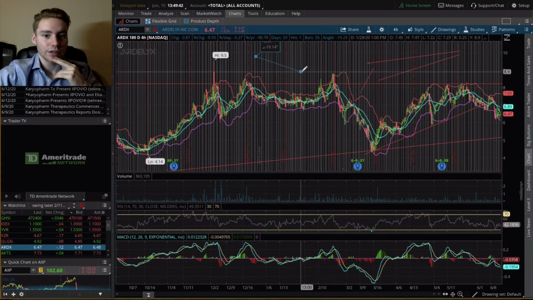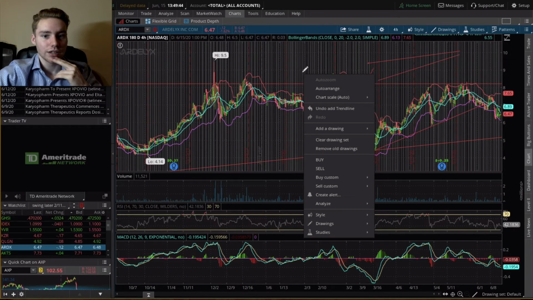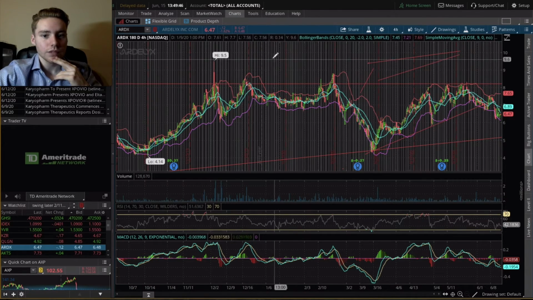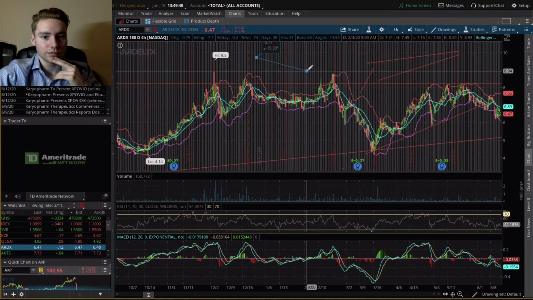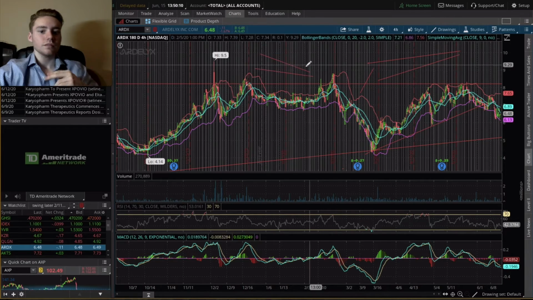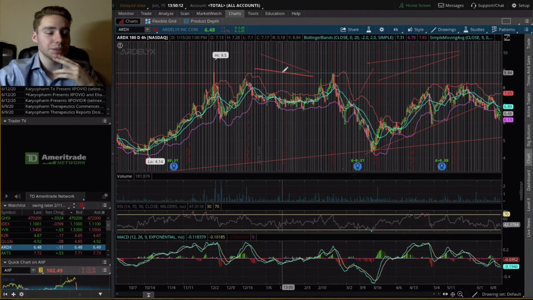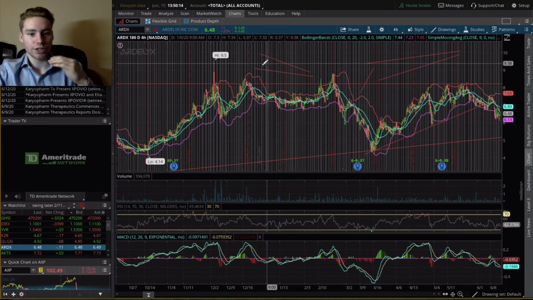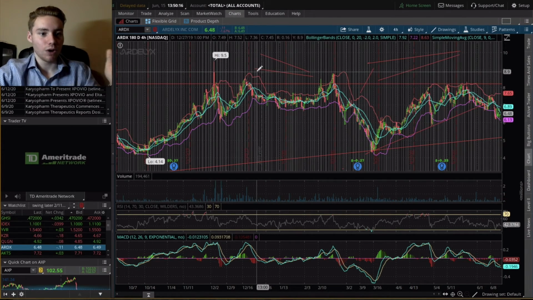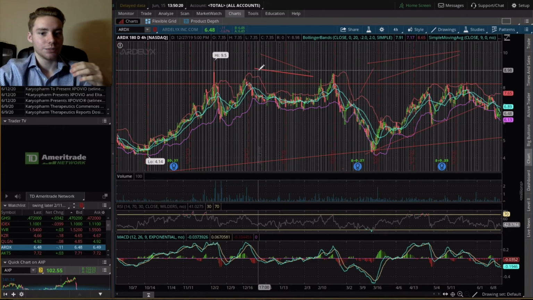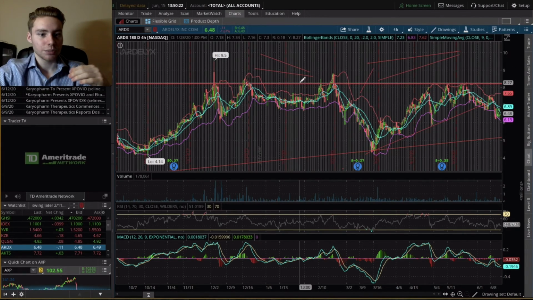Now, if you have a wedge like this, just kind of basically drawing it here, you can see how this can be mistaken for a descending triangle. But this is a falling wedge. And again, it's not to be confused with the channel where the two lines are parallel.